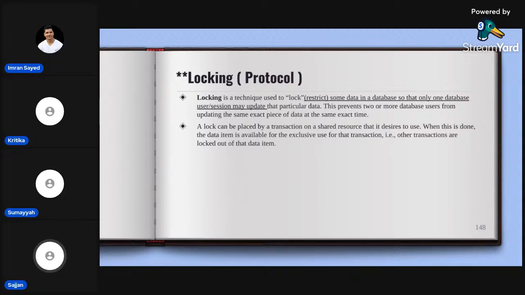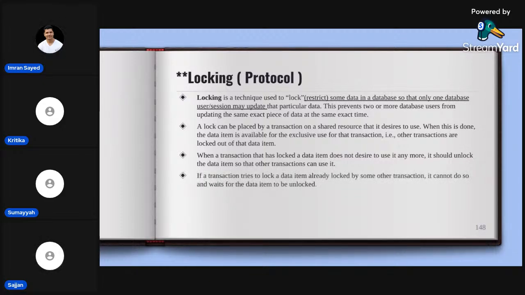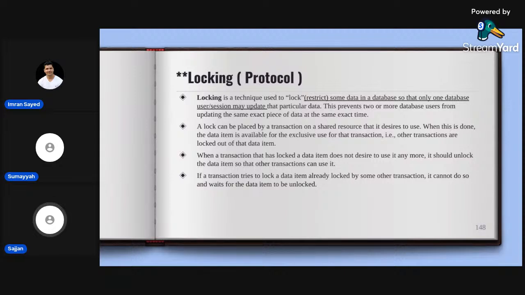That is, other transactions are locked out of that data item. When a transaction that has locked a data item does not desire to use it anymore, it should unlock the data item so that other transactions can use it. If a transaction tries to lock a data item already locked by some other transaction, it cannot do so and must wait for the data item to be unlocked. Correct.